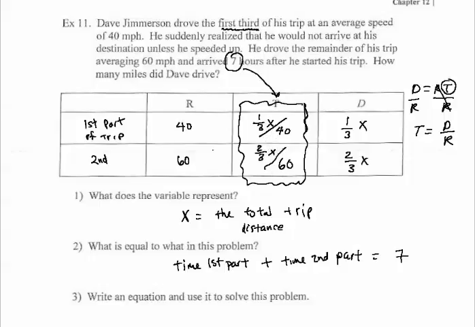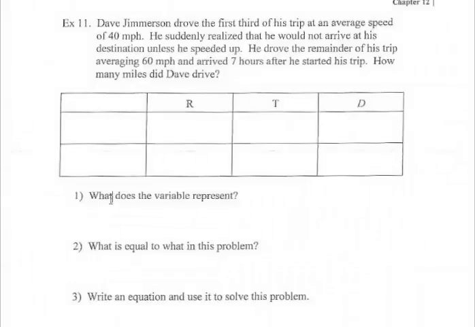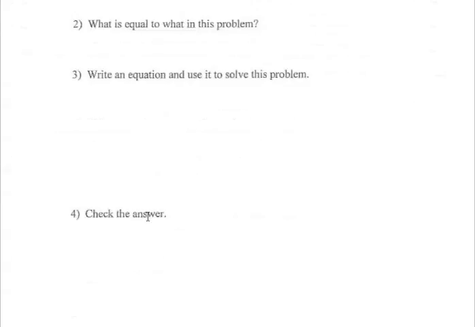So I'm going to go down to part 3 and write out my equation, which is 1/3 x divided by 40 plus 2/3 x divided by 60, and that has to equal our total time.